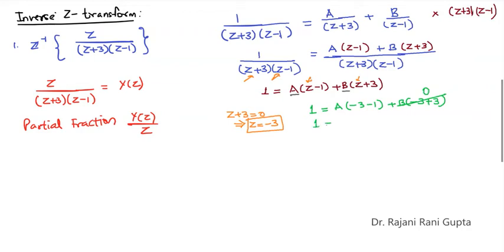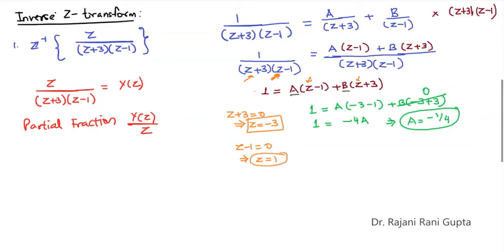This gives 1 equal to minus 4 times A, so A is minus 1 over 4. Now the second value of z we get from the second term. Putting z minus 1 equal to 0 gives z equal to 1.